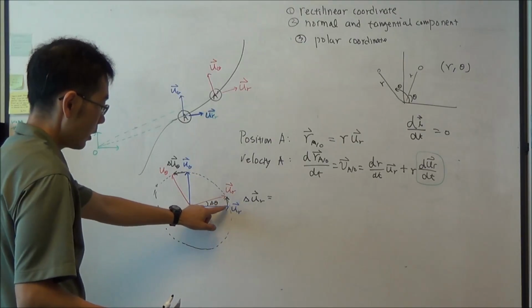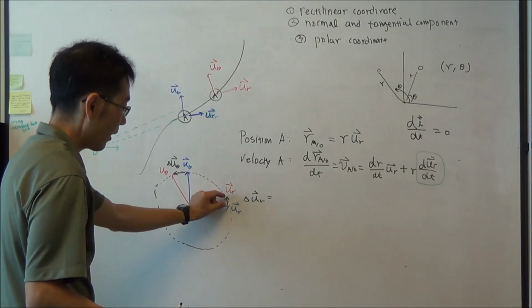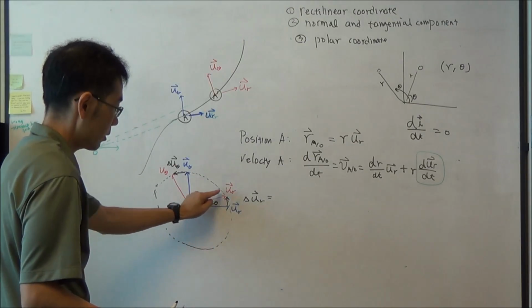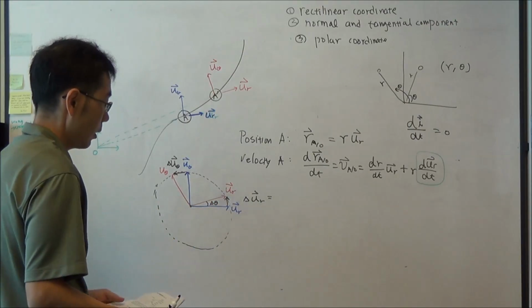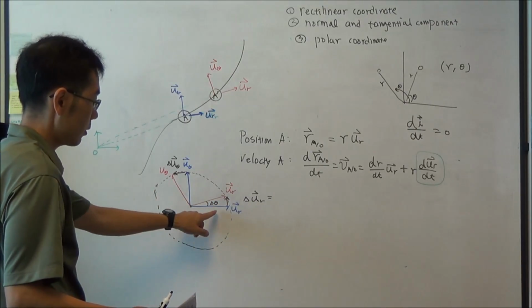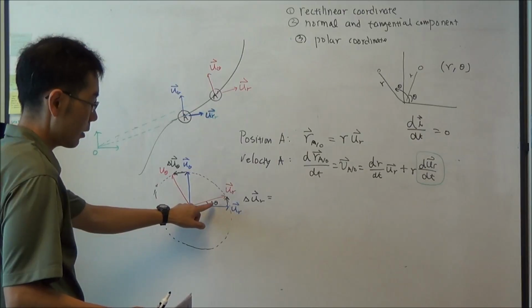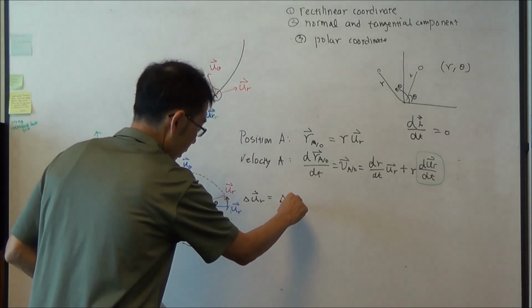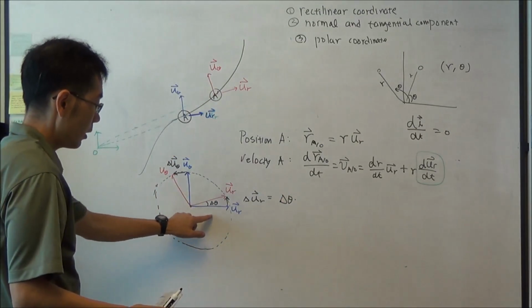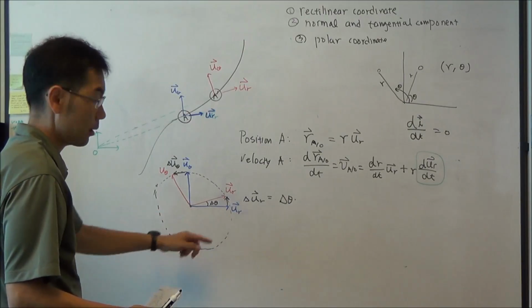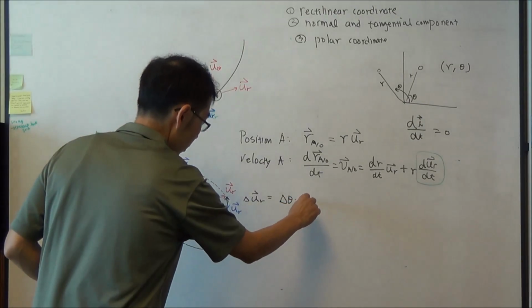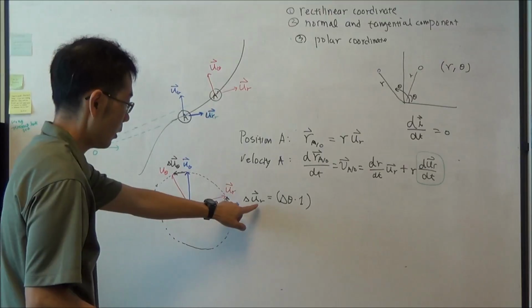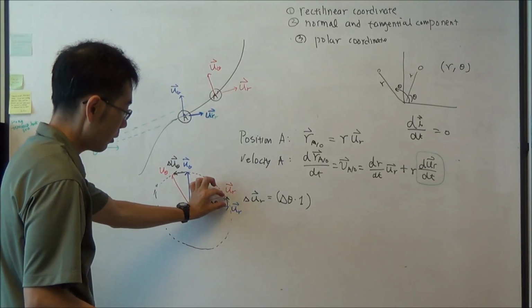Just imagine that I want to get the length of the arc of this small triangle. So the length of the arc is the radian, delta theta, times the radius of this length. So this is 1. So that's the magnitude of this length.